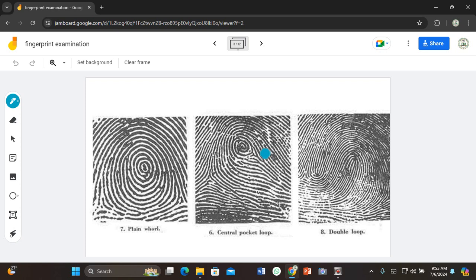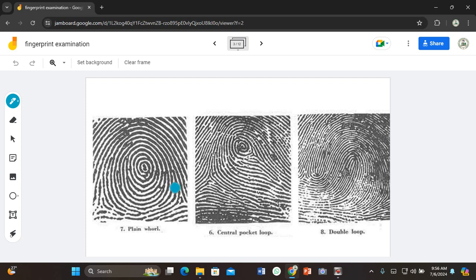Then the third group is known as whorl. In this whorl, we have four of them. The first one is known as plain whorl. The second one is known as central pocket loop. Then we have double loop and accidental loop. Now you may be hearing loop, loop, loop. Those loops don't belong to the second group that you call loop, but they belong to this whorl, and the reason will be clear to you later in the course of this study.